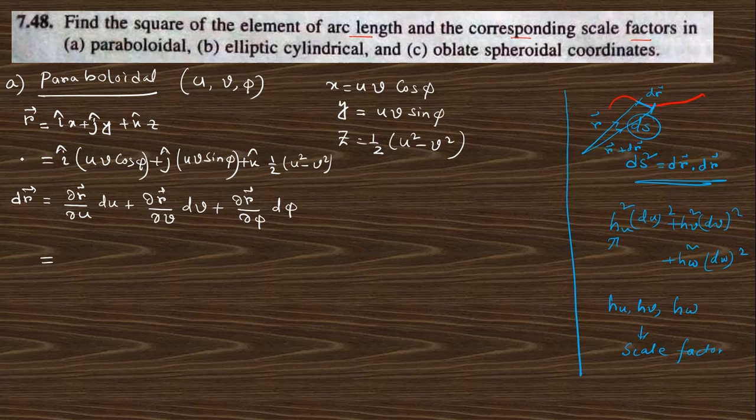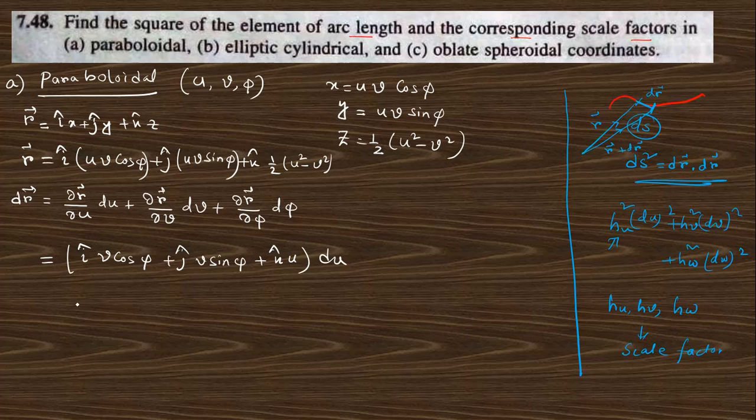So if we differentiate the r vector with respect to u, we will get i cap v cos phi, j cap v sin phi, and k cap u, with du.